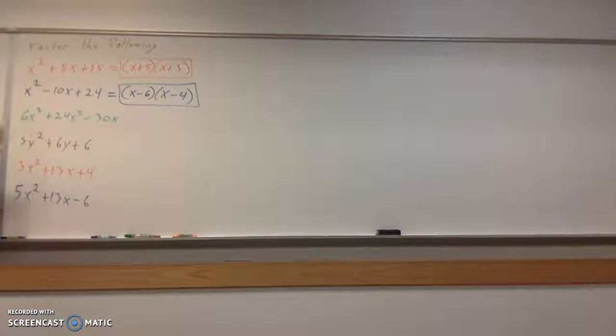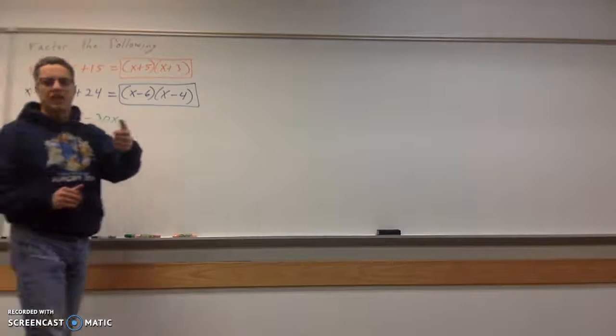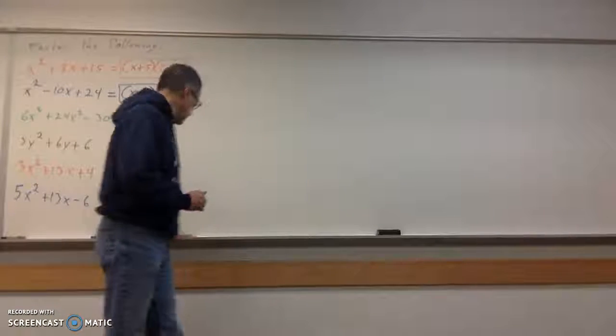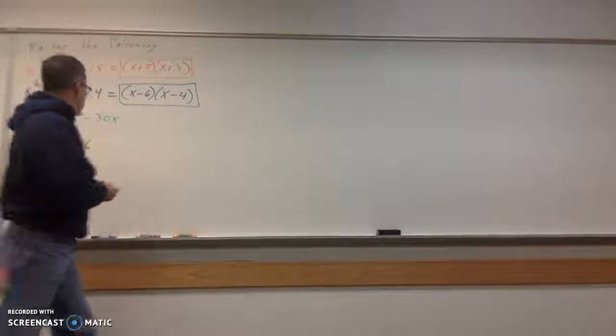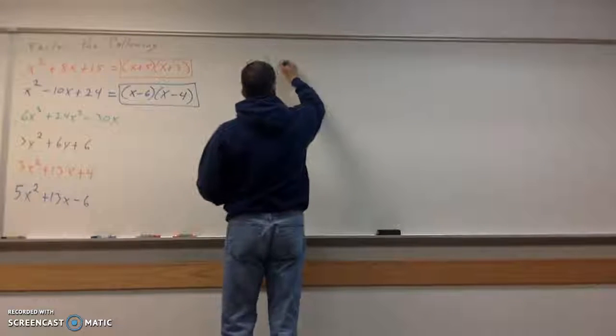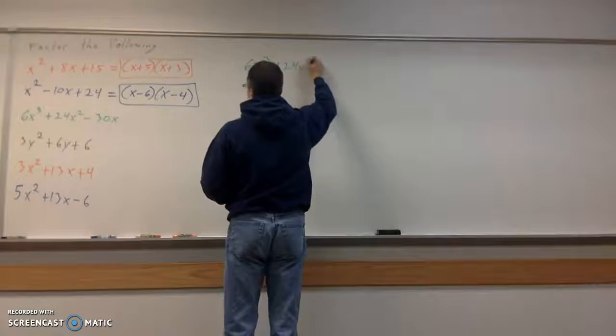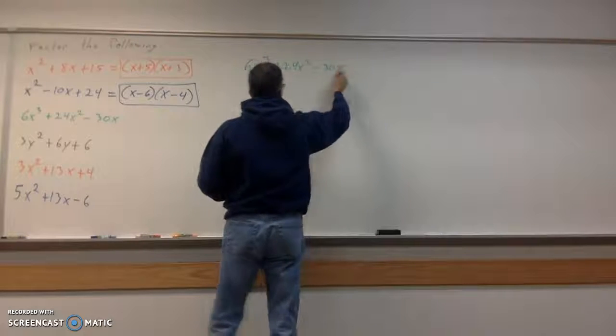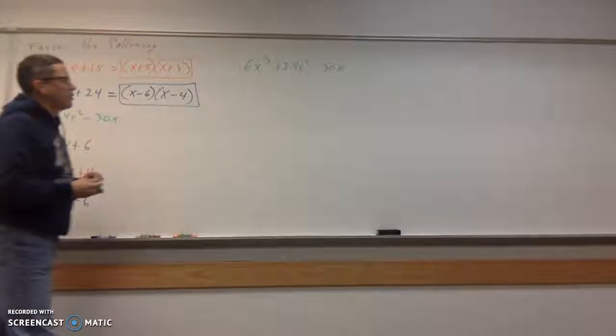On this one that I have in green, 6x cubed plus 24x squared minus 30x, do I have my greatest common factor factored out yet? I do not, as it turns out. So let me write it down here: 6x cubed plus 24x squared minus 30x. You want to look at what these all have in common.